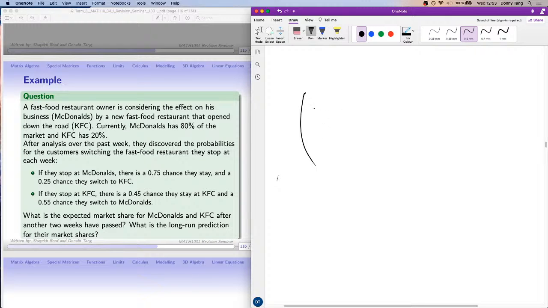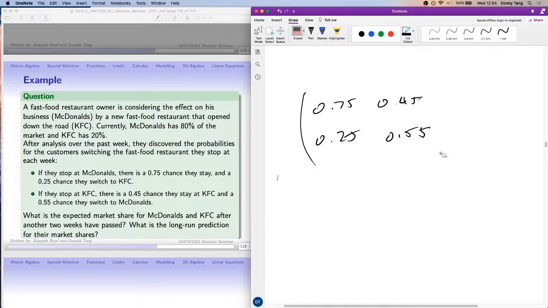So if they stop at McDonald's, there's a 0.75 chance they stay, so 0.75, and a 0.25 chance they switch to KFC, so 0.25 goes here. And over here, there's a 0.45 chance they stay at KFC and a 0.55 chance to switch to McDonald's. In this case, be very careful. The entry is not 0.45, 0.55.